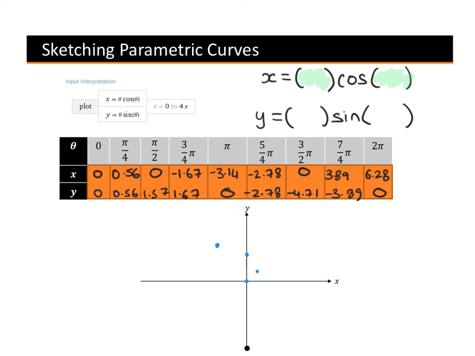Then minus 3.140, and that's about here. Minus 2.78, minus 2.78. 0 minus, wow, that's like all the way over here. Okay? 3.89 minus 3.89. 0. 6.2. Okay, you can clearly see we do not join these lines with straight lines, do we?